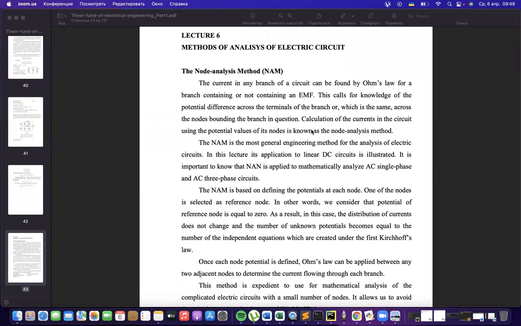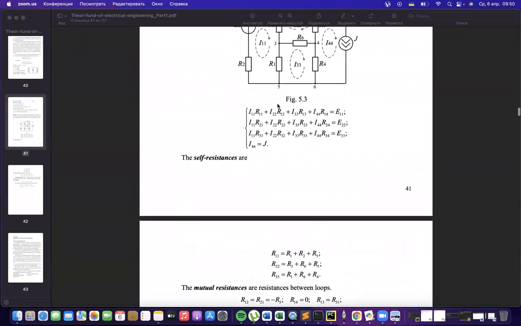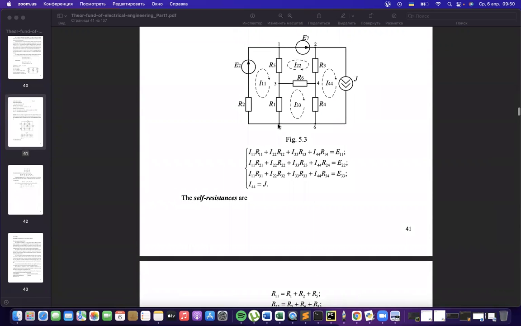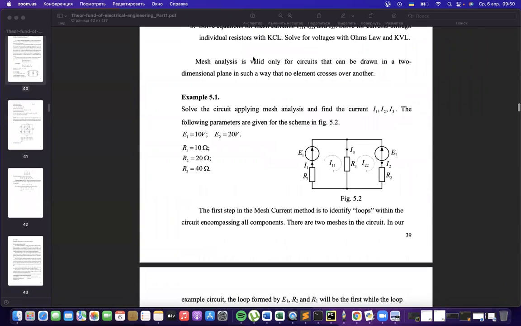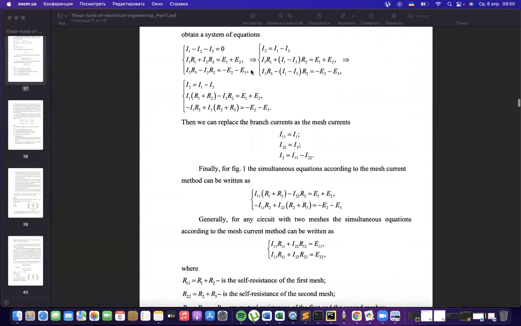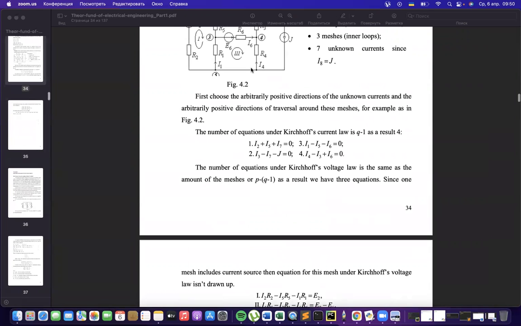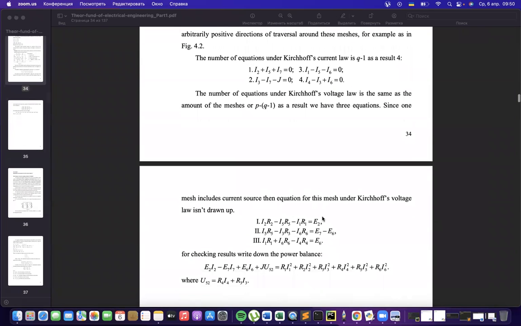And then we moved to the second method, concentrated on nodes. As you see here, all equations are connected only to voltages, and we are describing only voltages inside meshes. If we move to Kirchhoff's law, the general method, here it is.